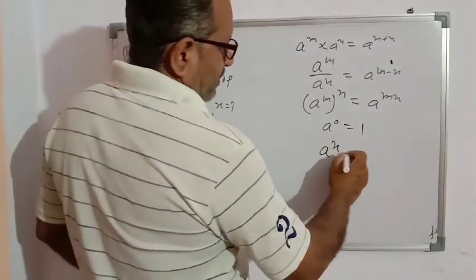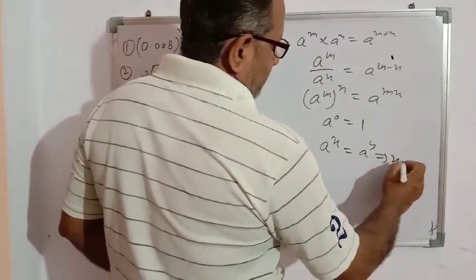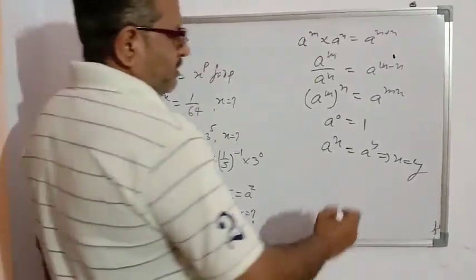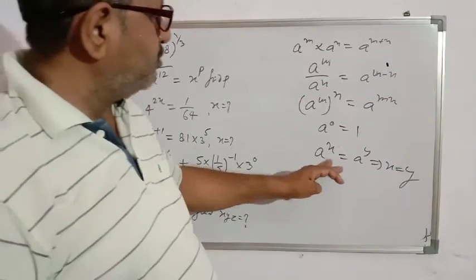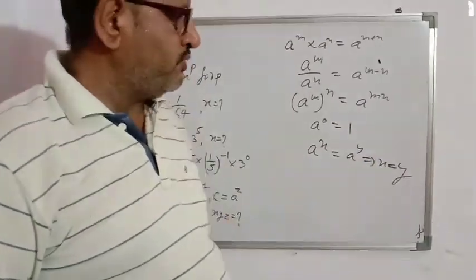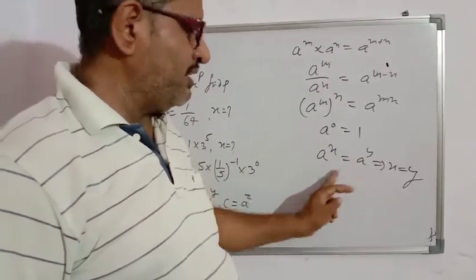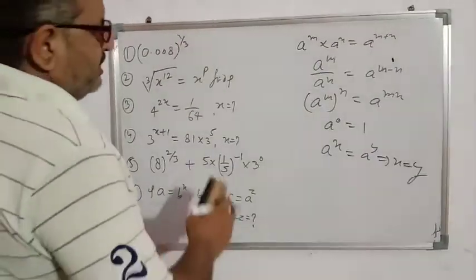If a to the power x and a to the power y are given, we can compare them. x is equal to y if a is not equal to 1. Means if the base is the same, then the power will be equal. If the power is the same, then the base will be equal. So we will apply the laws of indices to solve it.